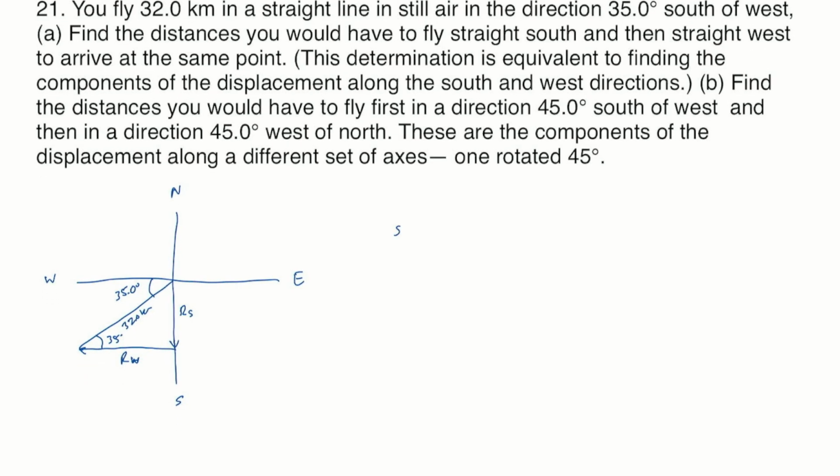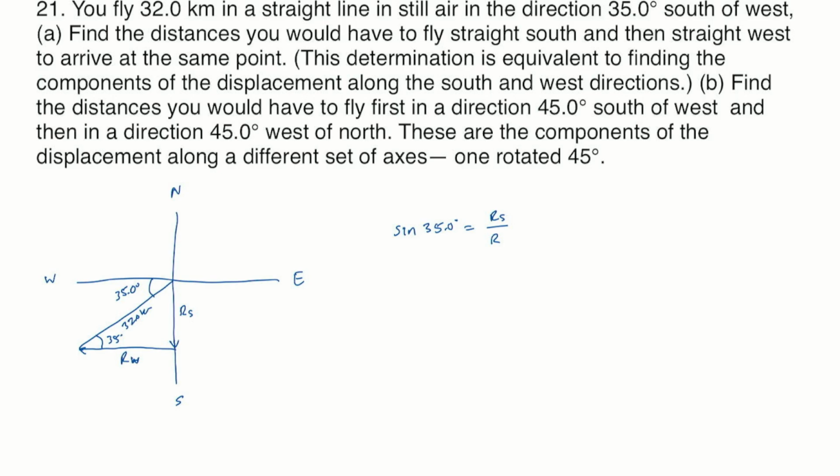So if we take the sine of the 35 degrees inside the triangle, we're going to get the opposite side, the r south, over the hypotenuse, which is the total displacement, the 32 kilometers, let's just call it r.